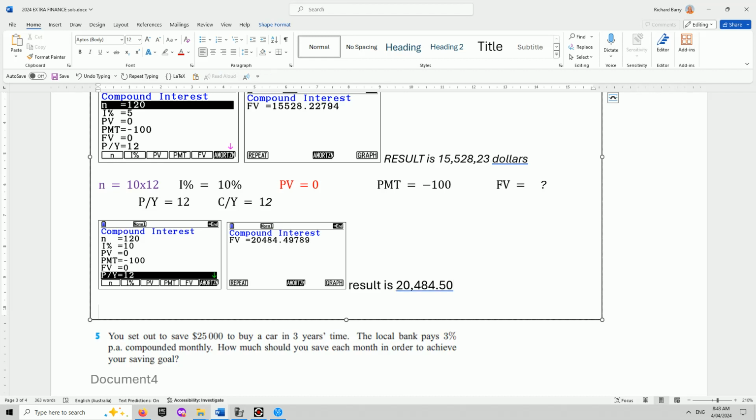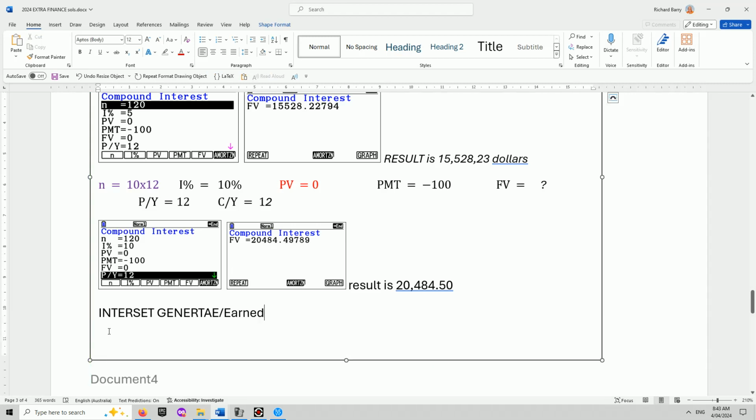Okay, just out of interest, it wasn't asked in this question how much interest was generated, I guess, earned. Okay, didn't actually ask this, but I'm just going to add this little part here so we can make sense for this question.